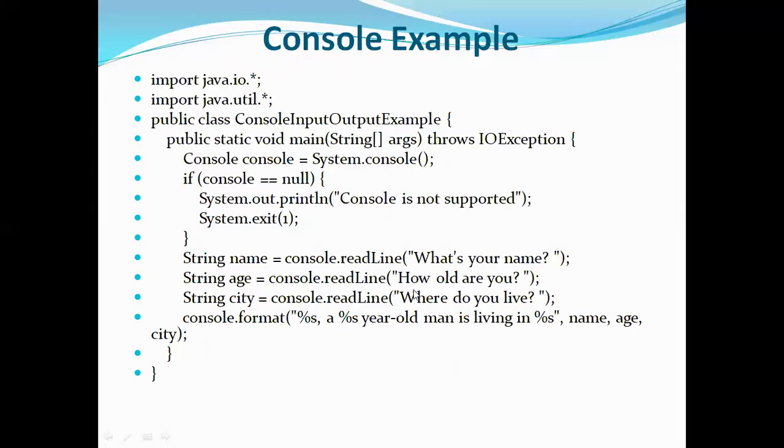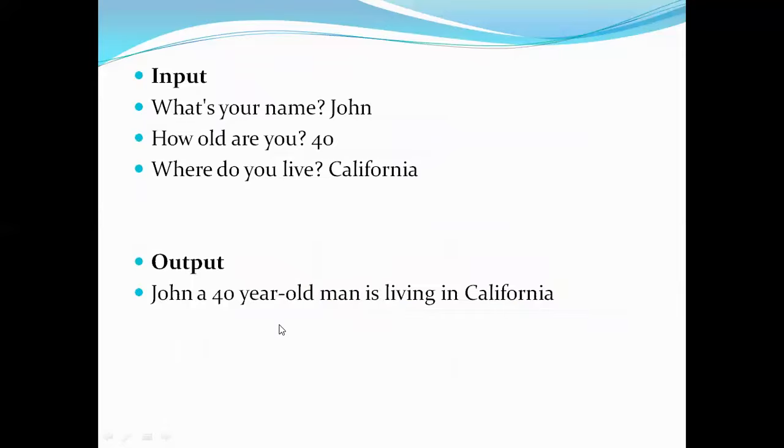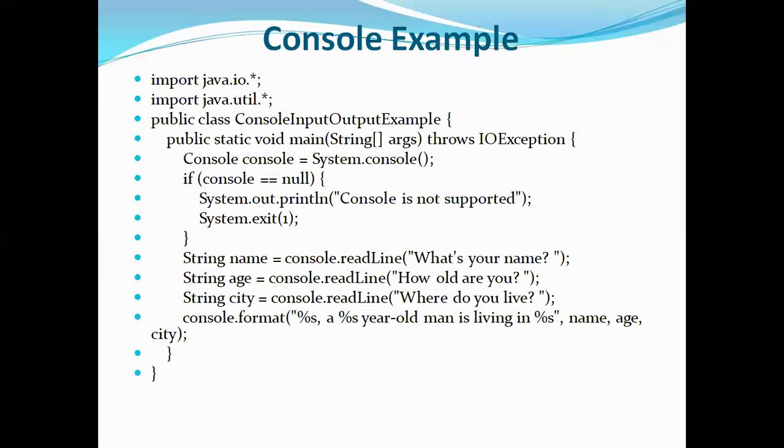Now all three I'm trying to print in a single statement using the method called format, that is console.format. Format is a method which allows you to present anything in a specific format. It's like a format specifier. Here we have taken three values: name, age, and city.